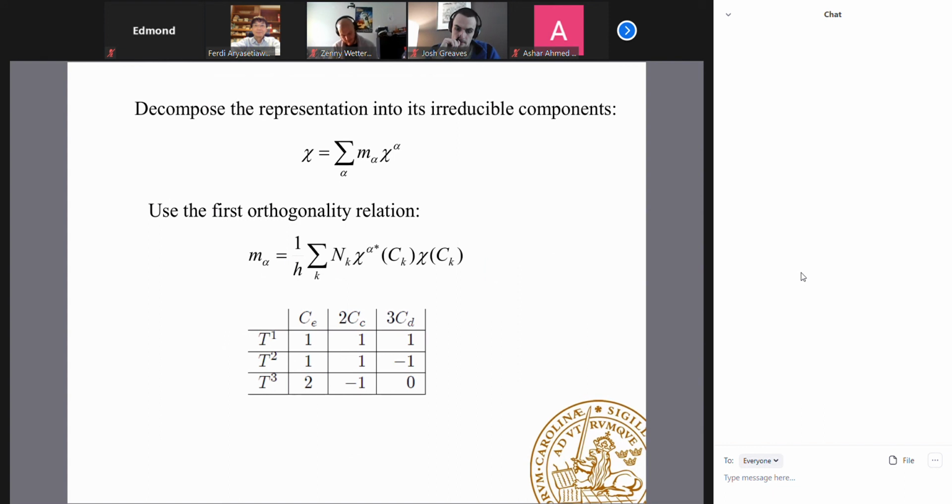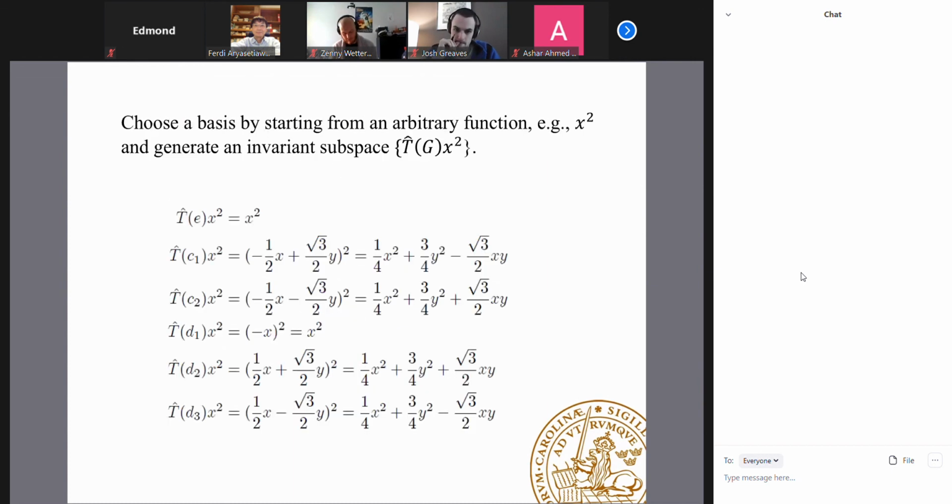We just choose some arbitrary functions as a basis. Now we start from an arbitrary function. Let's say this x squared. And as I said, we can take any function we like. So we take x squared, for example.